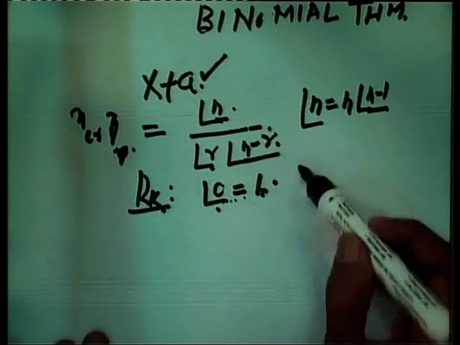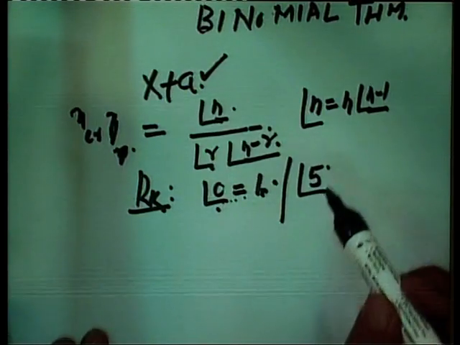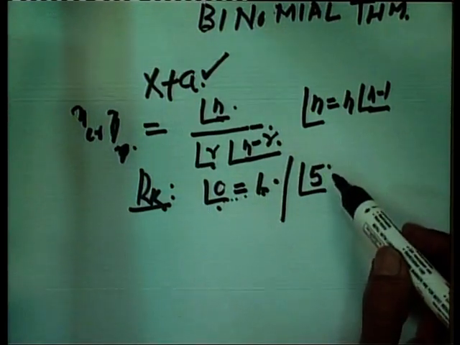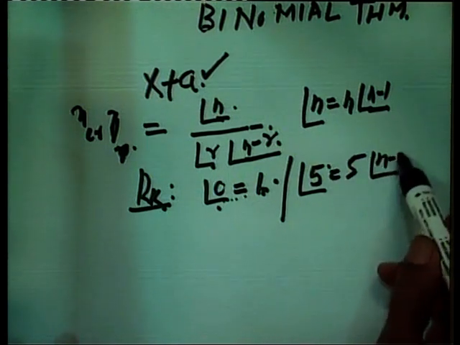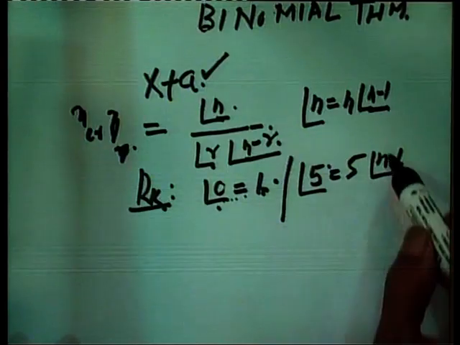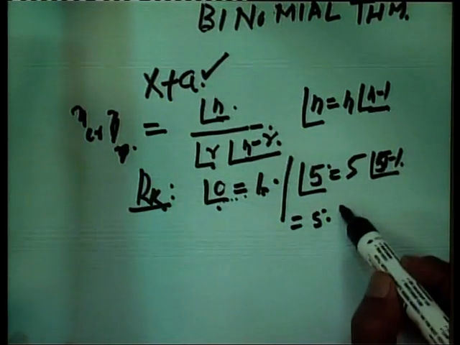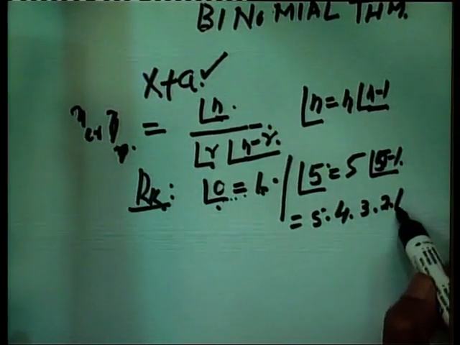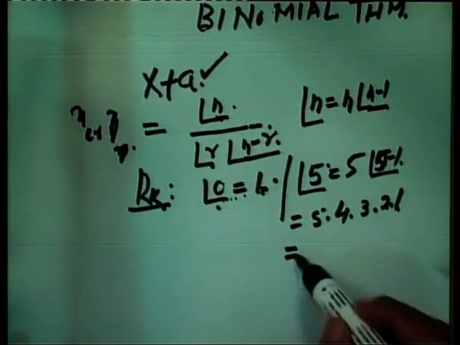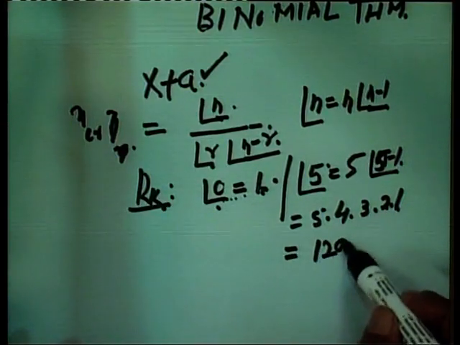If you want to calculate factorial 5, then this is 5 into 4 into 3 into 2 into 1, and that is 120.